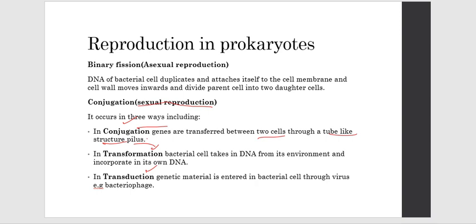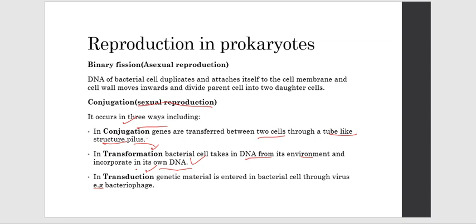Transformation is when a bacterial cell takes in DNA from its environment and incorporates it into its own DNA. For example, if we have to make a lot of copies of a particular gene, we will put it into a test tube, and then in the same test tube we will add the bacteria, and the bacteria will take up that particular gene and incorporate it in its own DNA, so we can say that the bacteria is transformed.